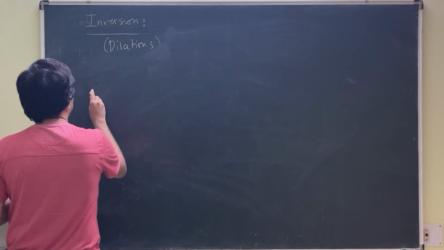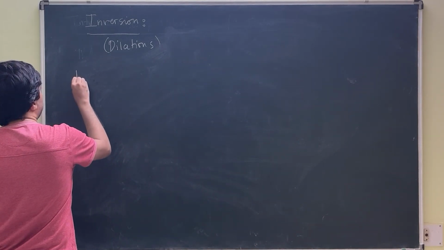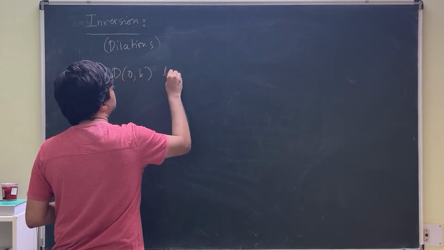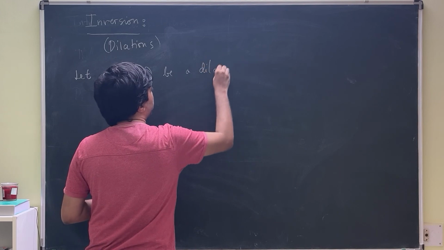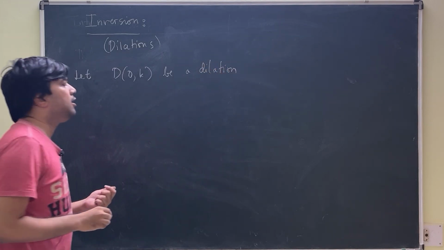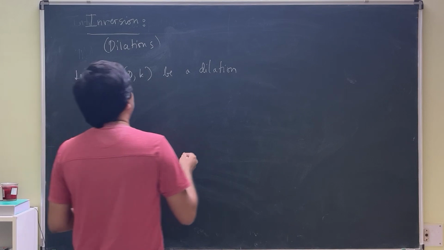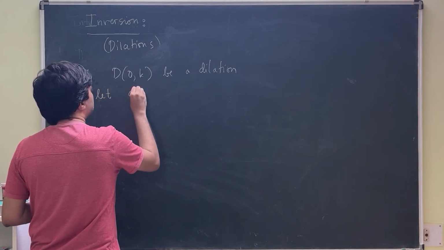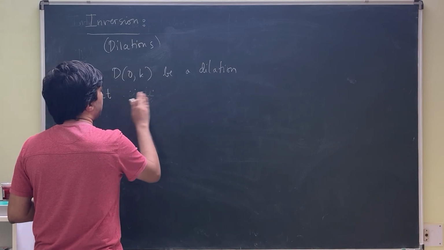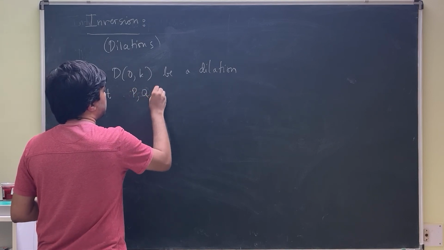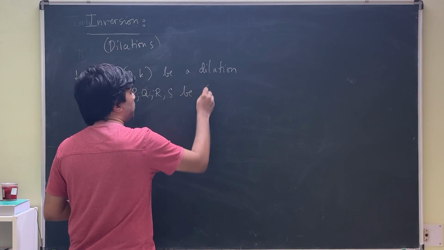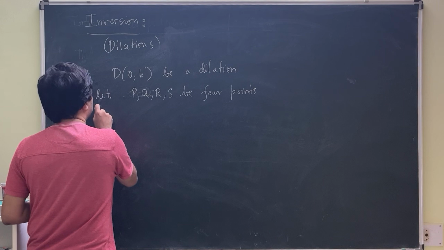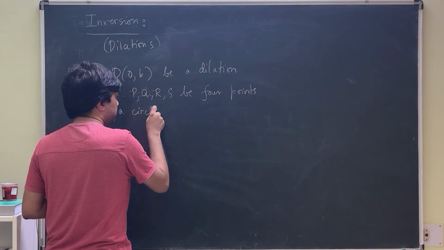Okay, so if you take a circle, let D(O, K) be a dilation, and let P, Q, R, S be 4 points on a circle omega.